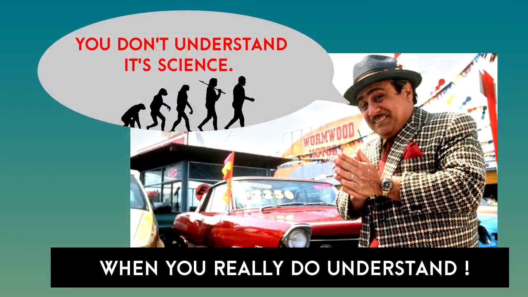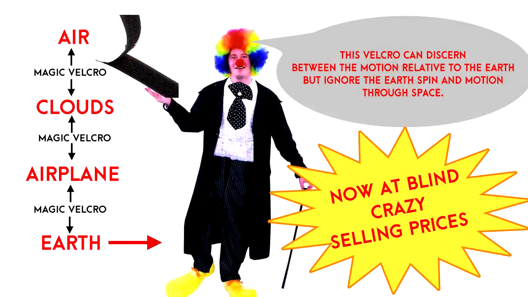So of course now they'll say, well, you don't understand, it's science. Well, actually, we do understand. You're selling us wormwood motors. You're selling us stuff that's not real. That's not true. So they'll send in the clowns and say, well, the air is attached to the clouds, attached to the airplane, attached to the earth.